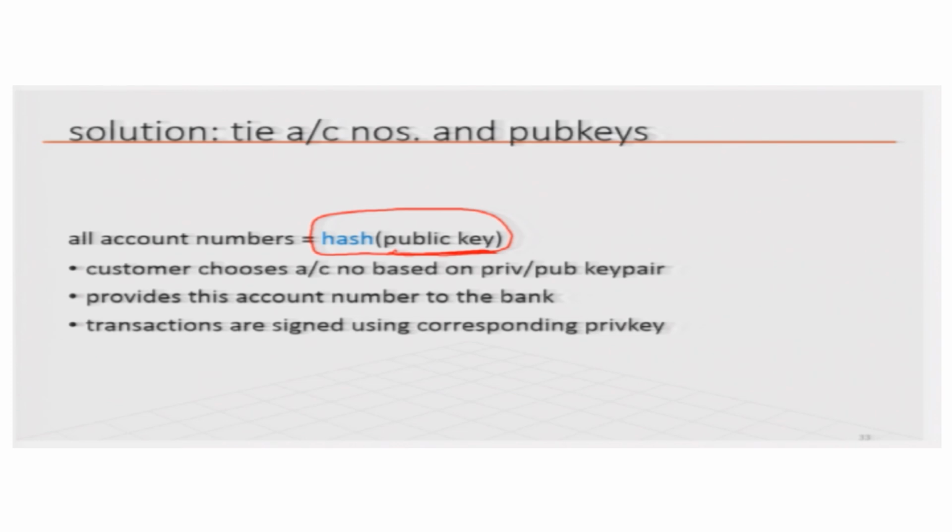So the customer is now choosing his account number. Banks may or may not like that, but since this is a made up bank, we assume that the bank is okay with that. So the bank gets the account number from me, and when I sign transactions with the private key, my account number can come in handy in validating that my signature is genuine.